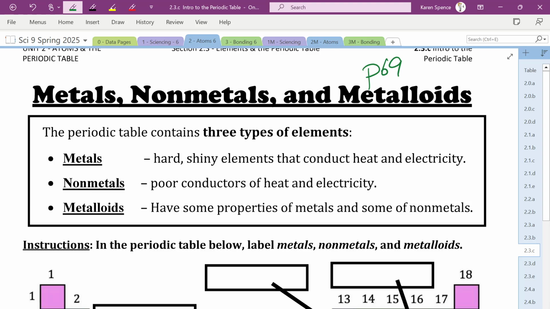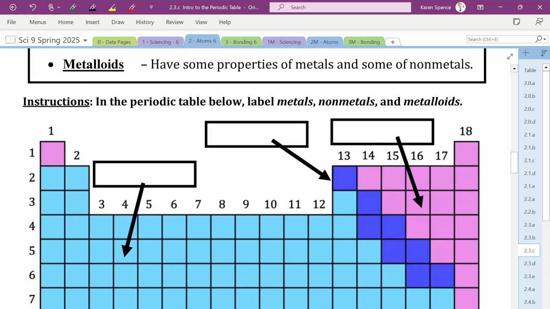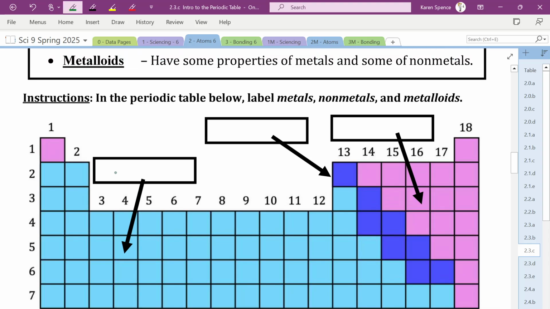So on the left-hand side of the periodic table are all the metals, except for who's the weird one? Who's the non-metal hanging out over on the left? Hydrogen. So hydrogen, you just got to kind of remember, it's not kind of where you might think it might be. Okay? So what we're going to do here is we are going to label this section the metals.